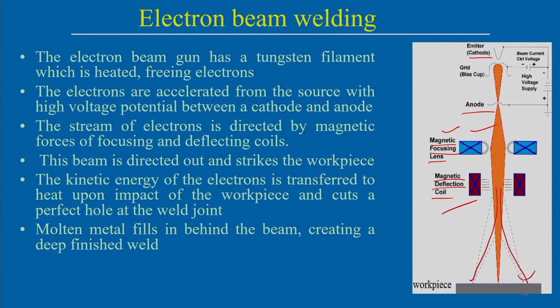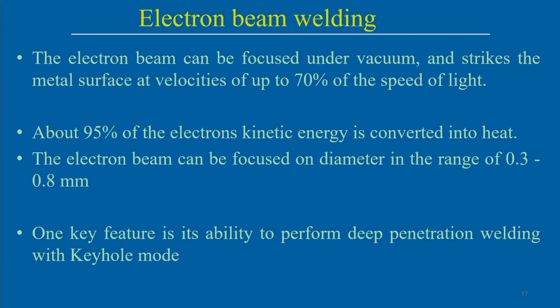of the electron beam welding process. Now, the electron beam can be focused under vacuum, which is very important. Because in the laser welding process there is no need for a vacuum; you can simply use a shielding gas environment, and laser welding can be performed.